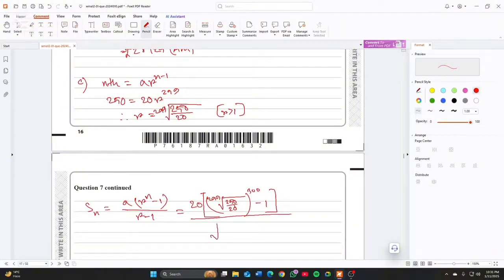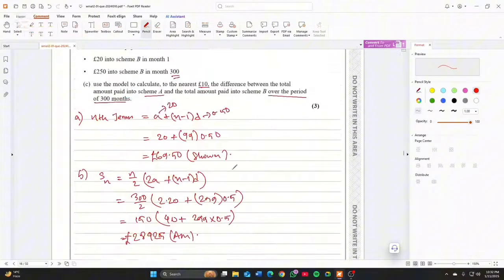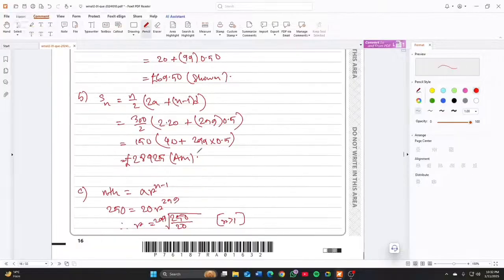R is 250 by 20 to the power of 1 over 299, minus 1. Now if you do this with your calculator, you will find that the value is 27362.94829 pounds. So we have to find the difference to the nearest 10 pounds. So we can write it.